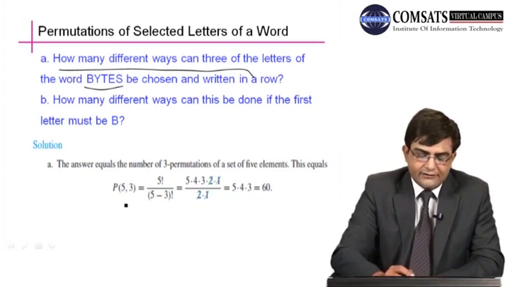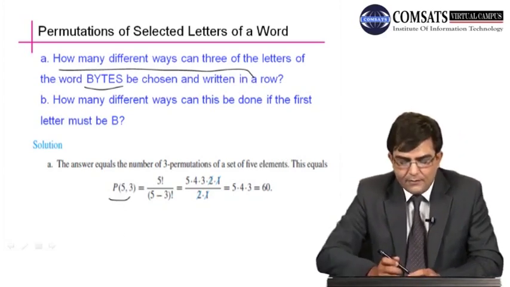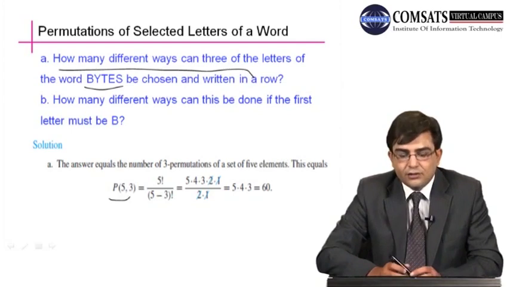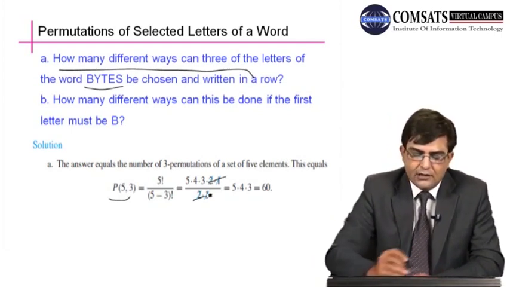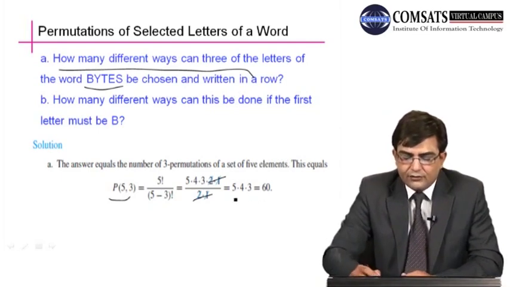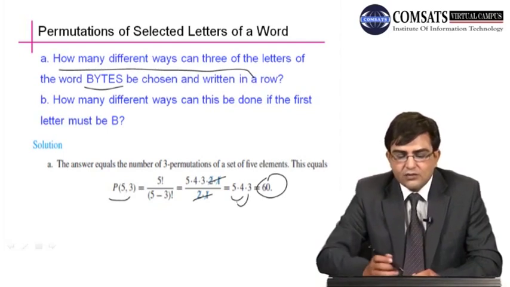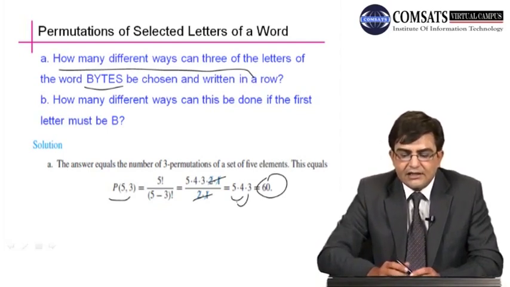So we have to calculate p of 5 3, and this is 5 factorial over 5 minus 3 factorial, which gives us 5 4s are 20, 20 3s are 60. So there are 60 ways we can arrange 3 letters of the word bytes.